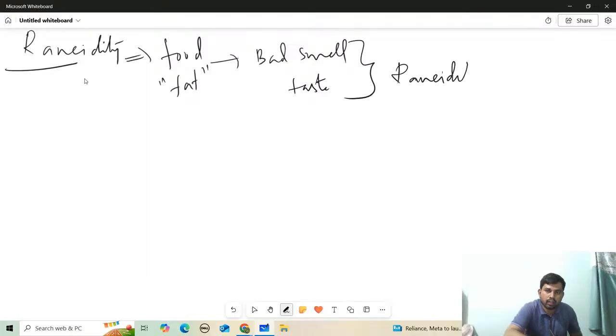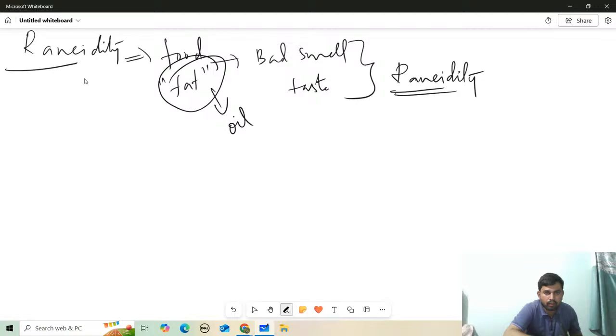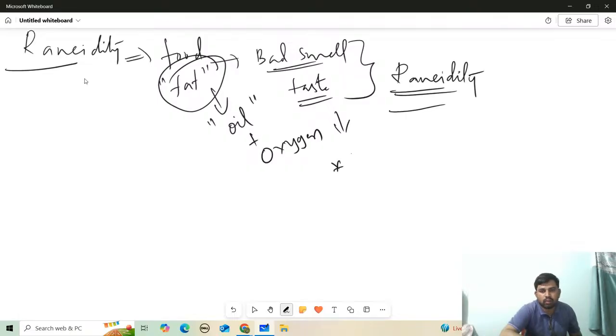Remember, whatever fat or oil items are in the food undergo the oxidation process. That's why we get a bad smell and taste. This process is called rancidity, and it is an example of oxidation.